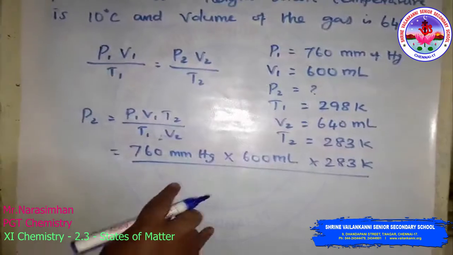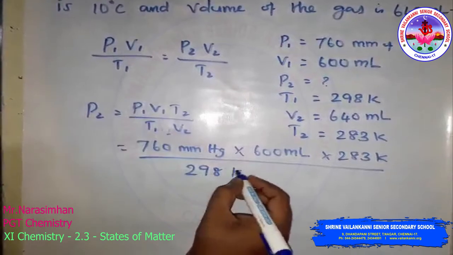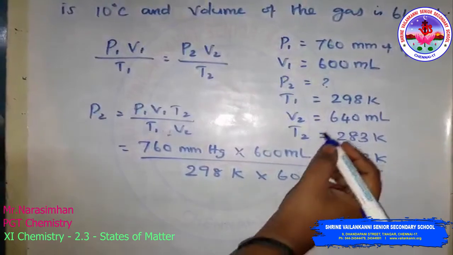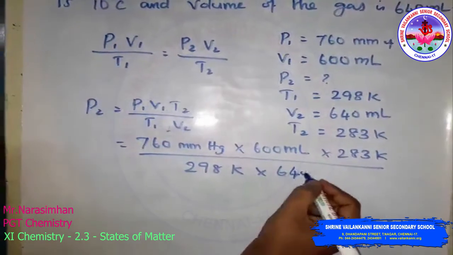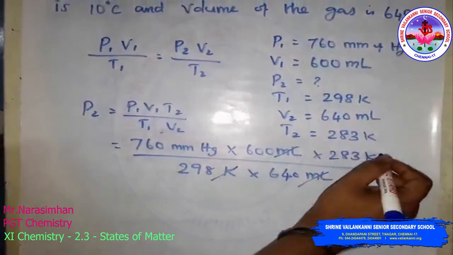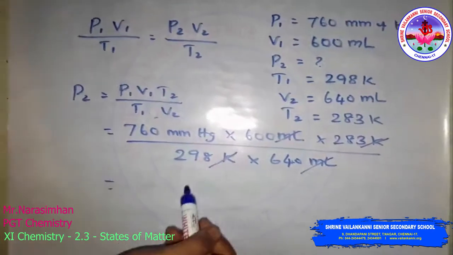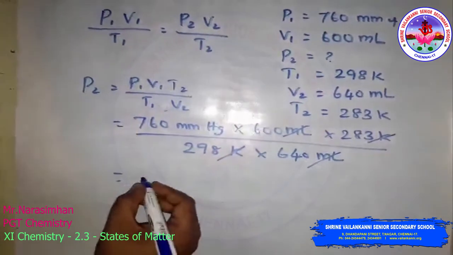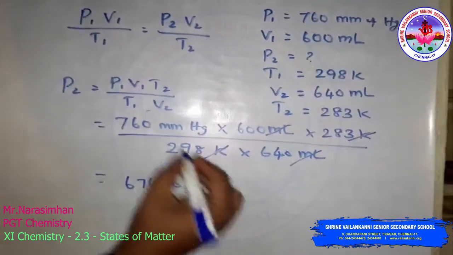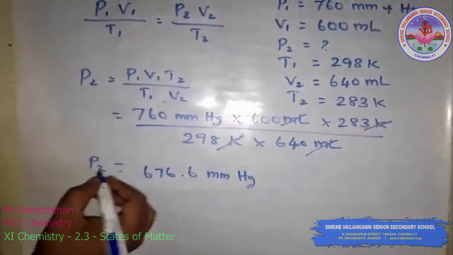Then T1 is 298 Kelvin and V2 is 640 milliliter. So the unit milliliter cancels, Kelvin cancels. Then after simplifying using logarithms, you can get the value 676.6. The unit is millimeter of mercury. So this is the P2 value.